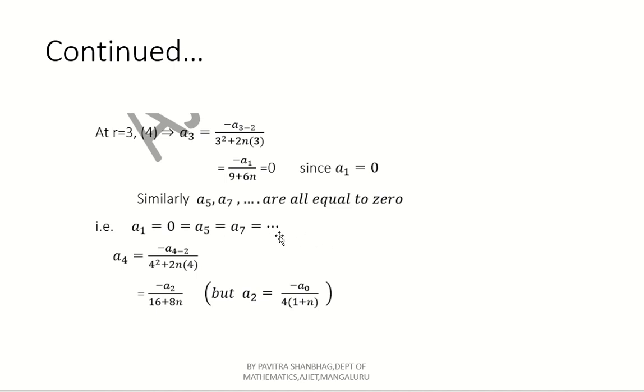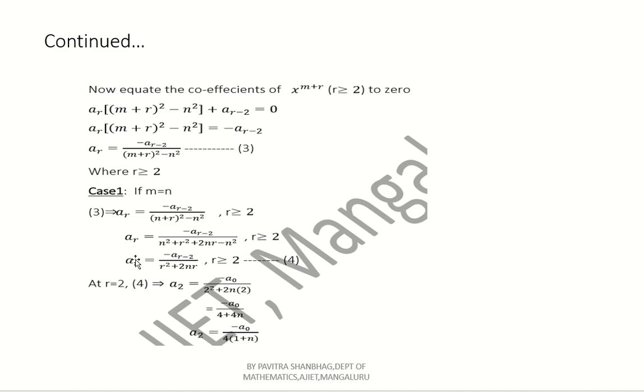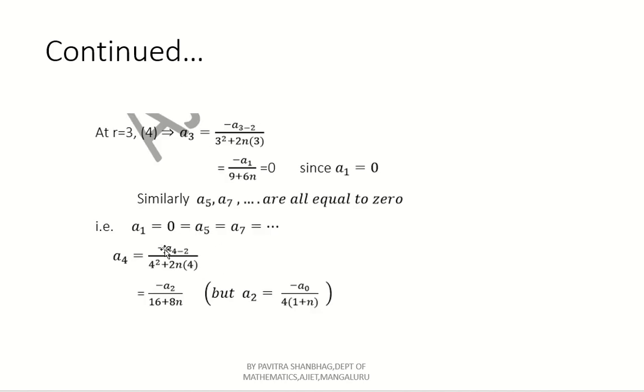Put r equal to 4 in this expression. What will you get? a4 equals minus a(4 minus 2) divided by 4 square plus 2n into 4. That is minus a2 divided by 16 plus 8n. But what is a2?